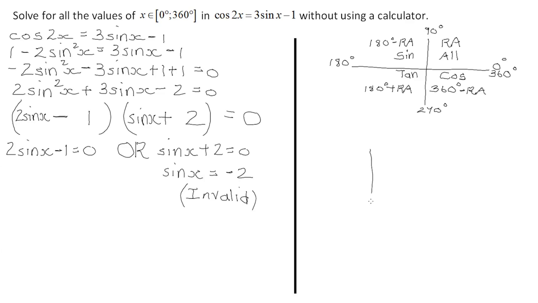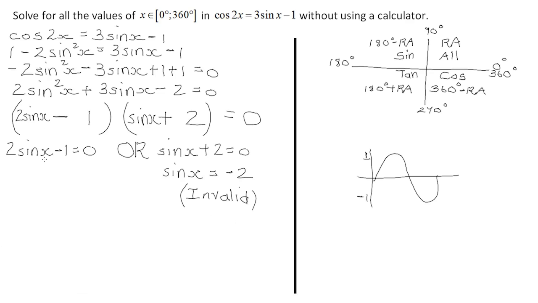Because, very simple, let's look at your sine diagram. The values must be between positive 1 and negative 1. Therefore, negative 2 is out of bounds. That's why it is invalid, or you can write impossible. You will never get a value there.